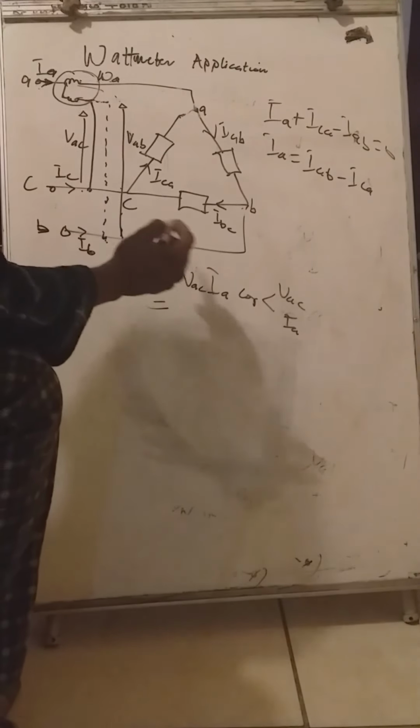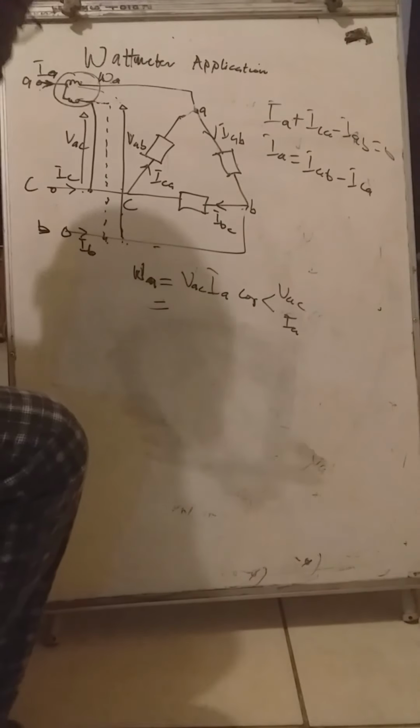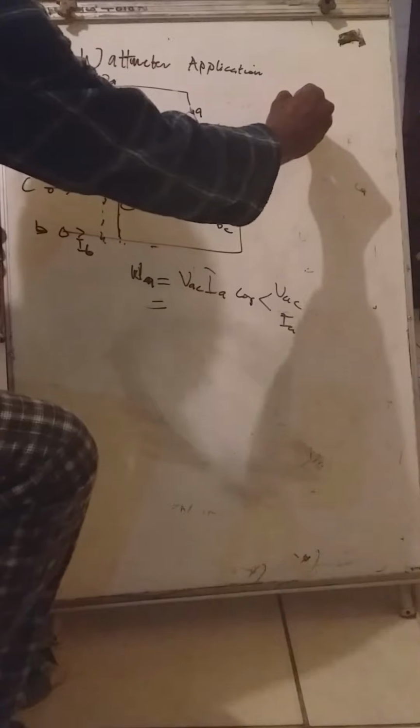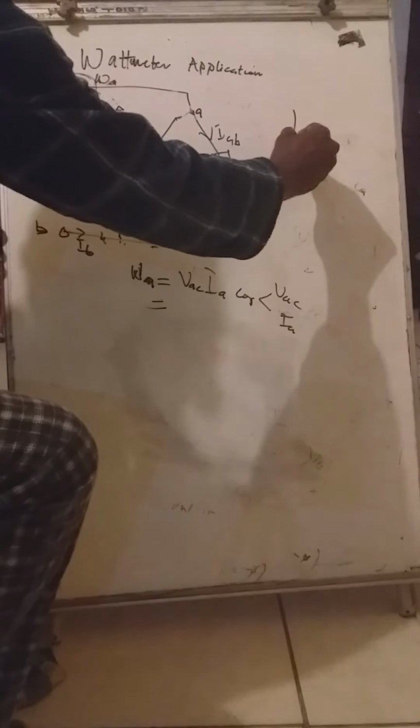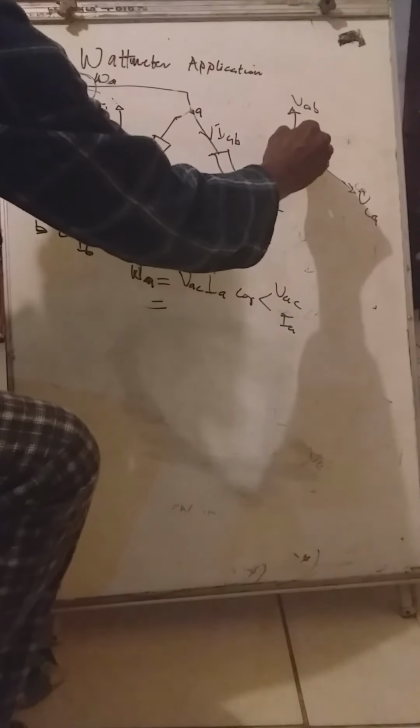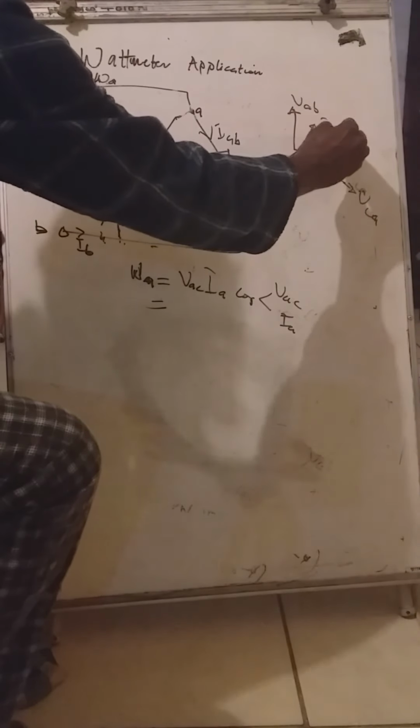Our VAC, from the previous phasor diagram that we had. Let's look at the phasor diagram again. We said we are using the negative phase sequence, where this one, for example, is VAB, this is VBC, this is VCA, and this is IAB, this is IBC, and this is ICA.